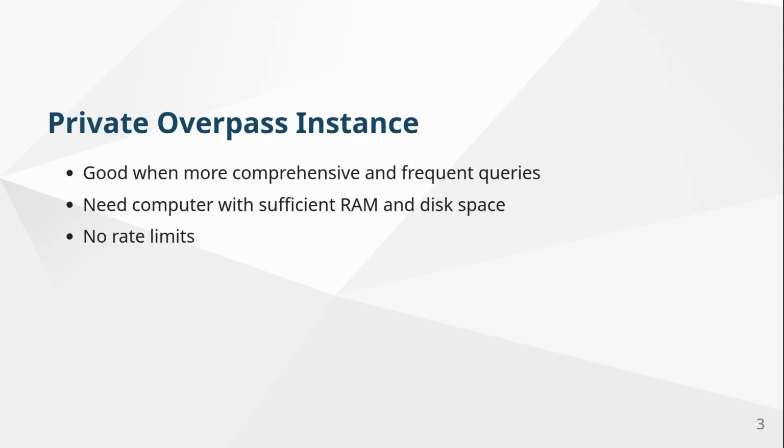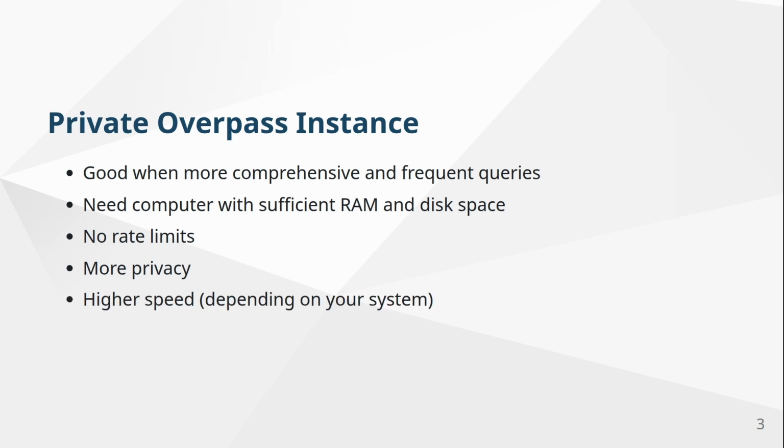And on a private instance, you do not usually have rate limits, so you can query as often as you like, as often as the system is able to do it. You have more privacy than when you query a public instance, and usually you have higher speed, of course, depending on your system. Also, you can have higher reliability compared to a public instance.